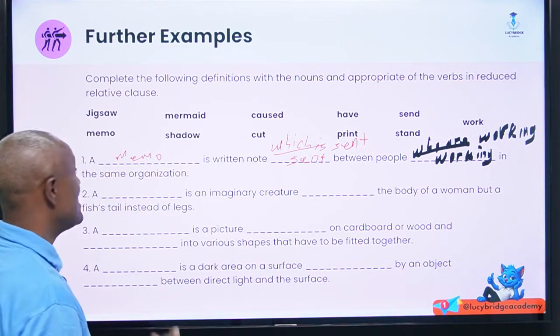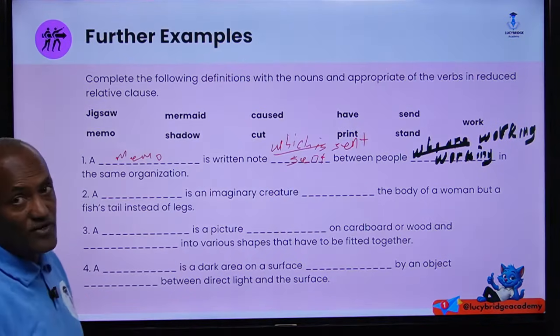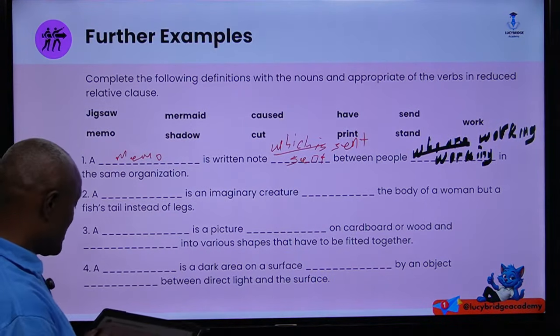It will be like that. This knowledge of the reduced relative clause helps you to tackle this type of task.